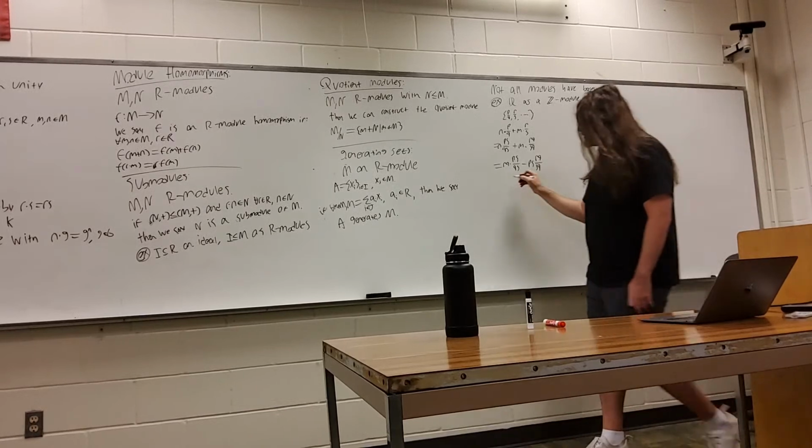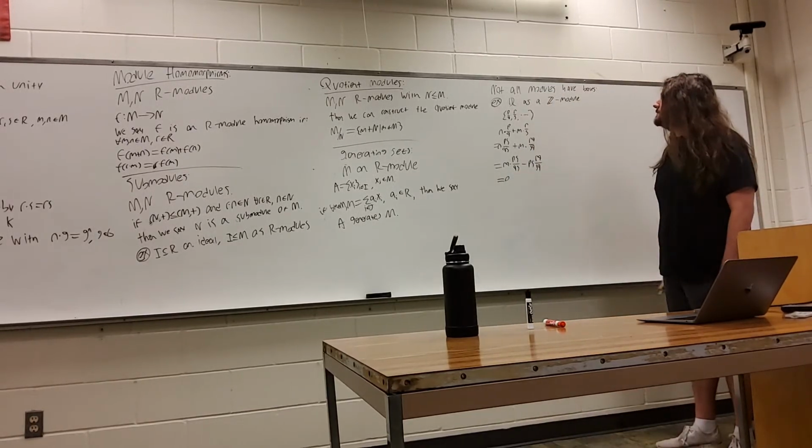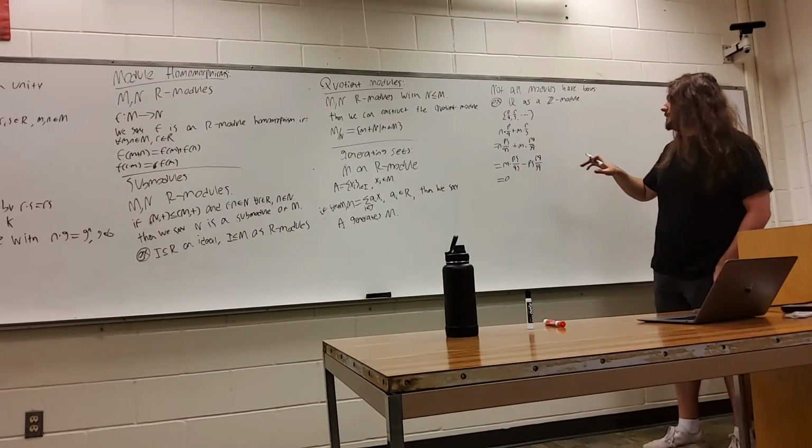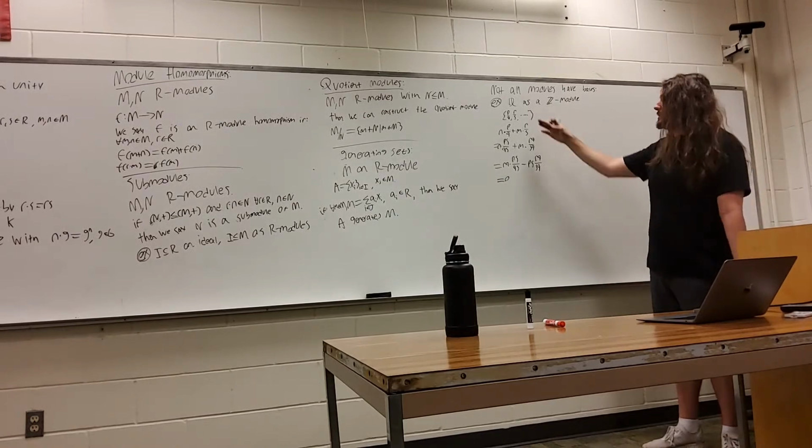So this equals 0, and then we found a non-trivial combination. Maybe I should have pointed out at the start, we're going to assume that P and R are non-zero, because 0 isn't going to generate anything.